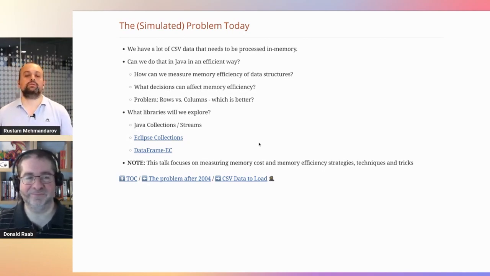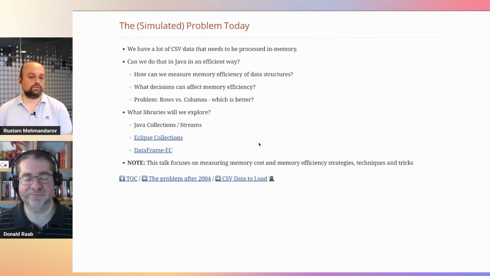And also what libraries we'll be looking at. We'll be looking at 3 different ways of doing things. We'll be looking at the batteries included version of Java, so the Java collections that Java comes with. We'll also be looking into Eclipse Collections, a library that Donald started, and a bunch of people have been contributing to, evolving it.